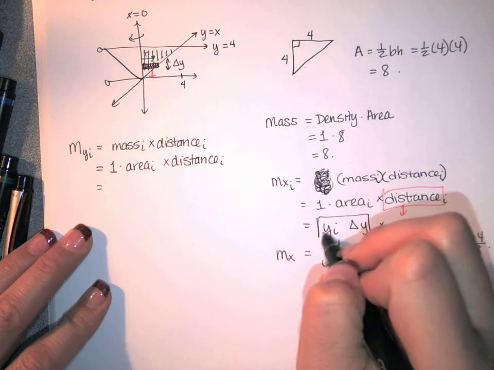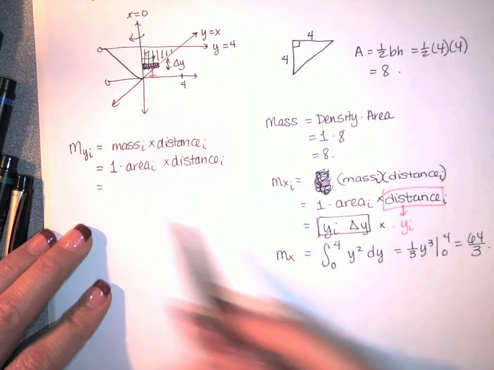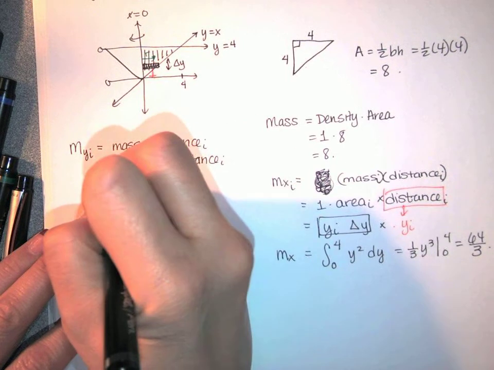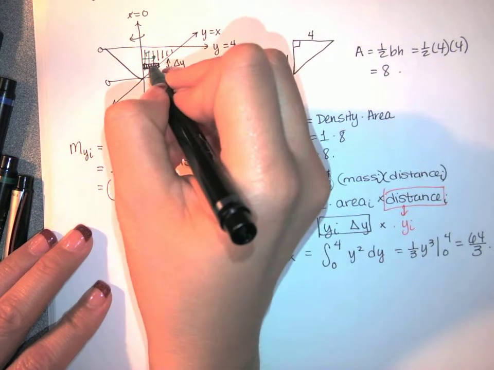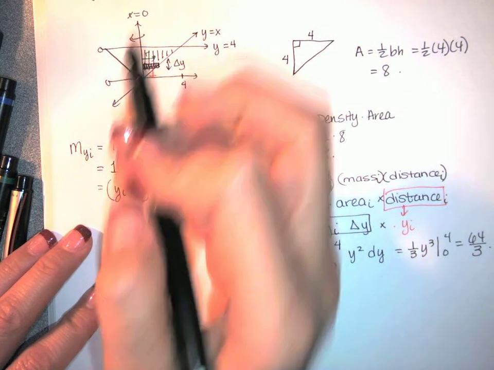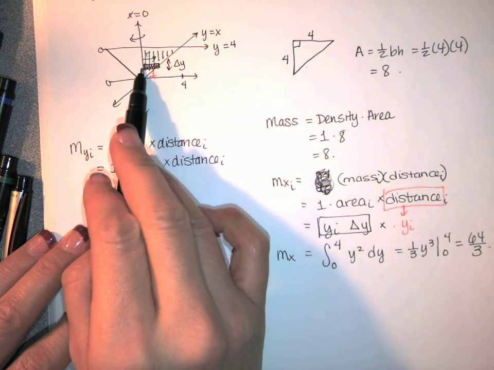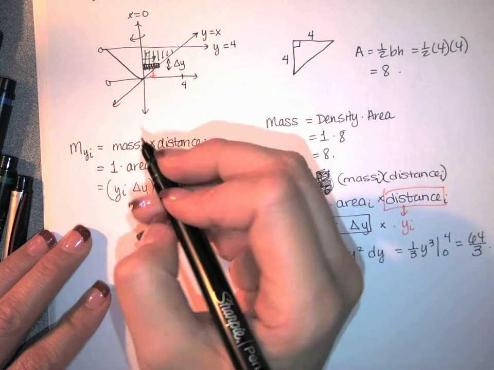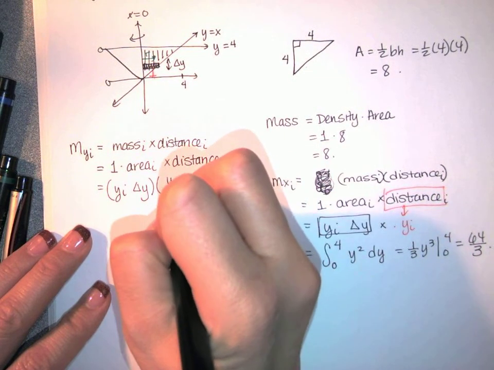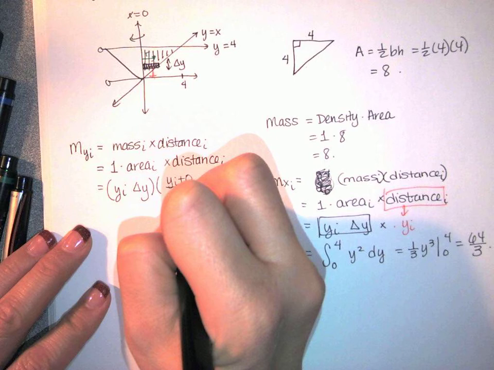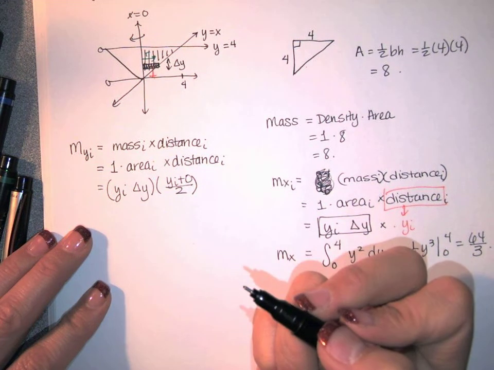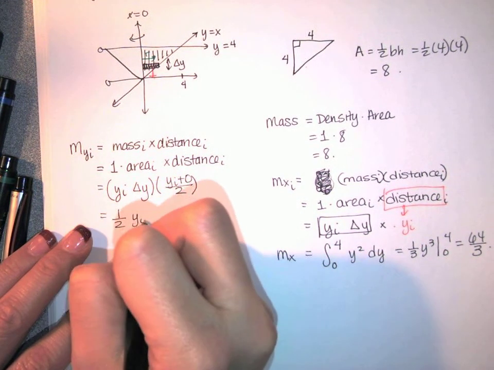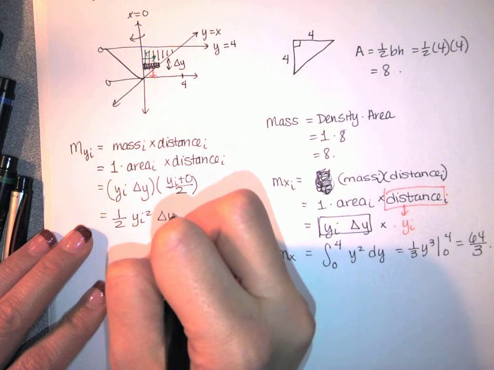This was our area, length times delta y. So that's y times delta y for our area. And distance this time is the average x value between x right and x left. So that's x equals y and x equals 0. So we add those together and divide by 2. And so we end up with 1/2 y sub i squared this time times delta y.